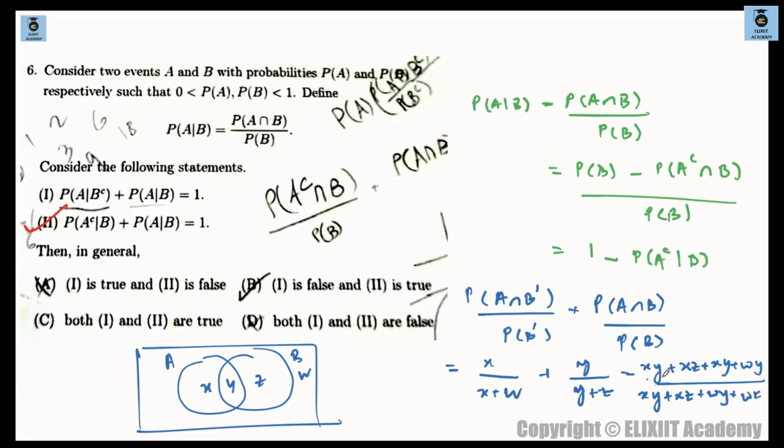Here XY is matching, XZ is matching, WY is also matching, but XY and WZ are not matching. So definitely this ratio won't be 1. So statement 1 is definitely wrong, so option B must be correct: 1 is false and 2 is true.